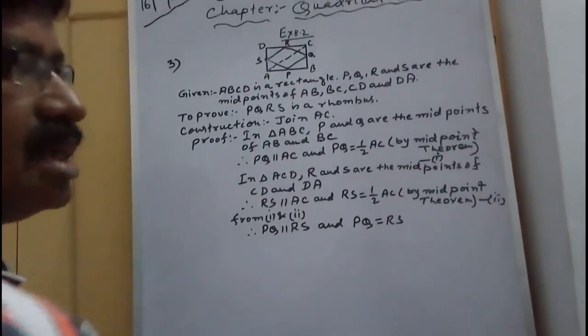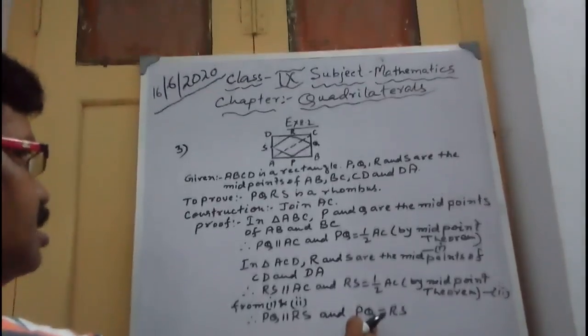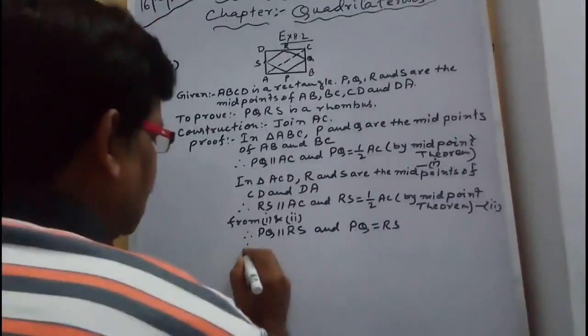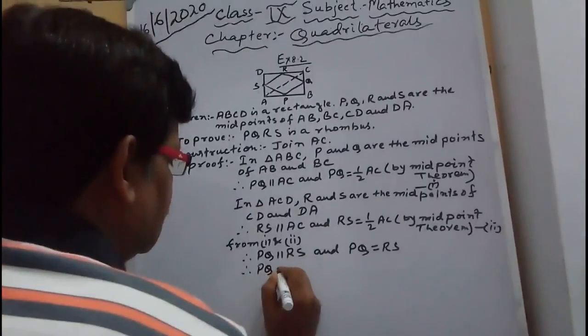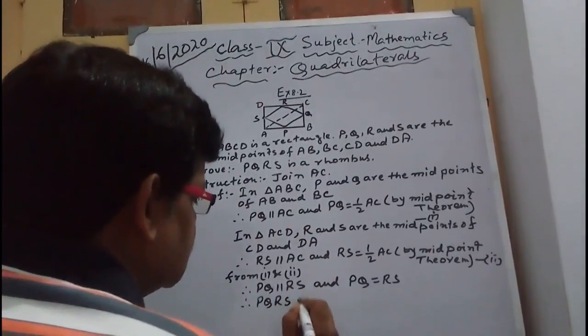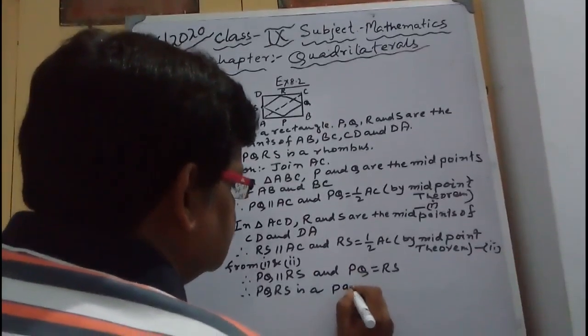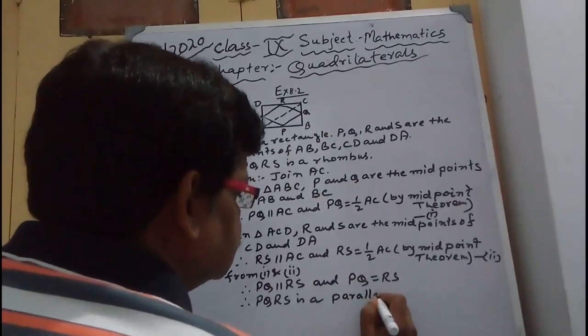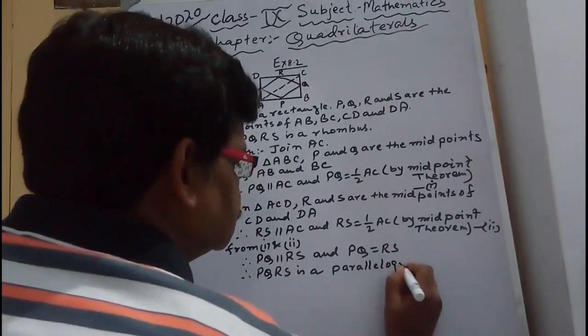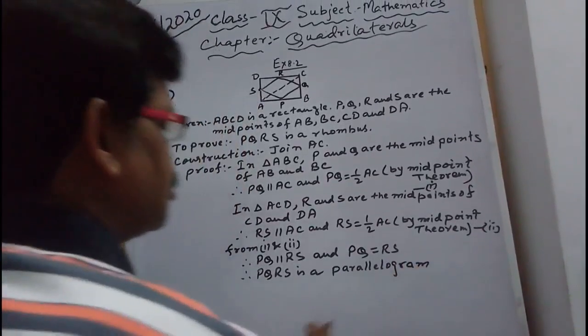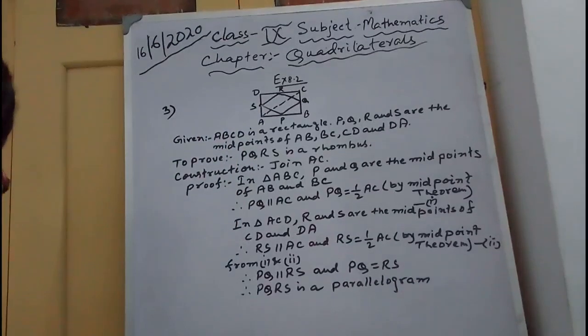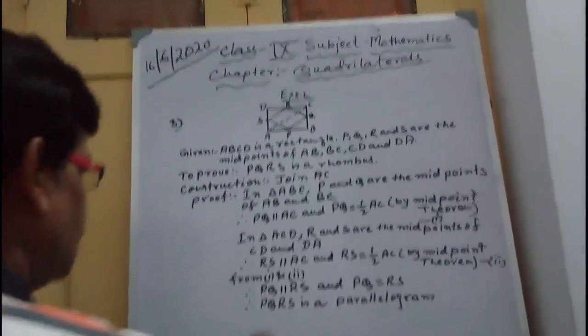As opposite sides are parallel and equal, therefore PQRS is a parallelogram.